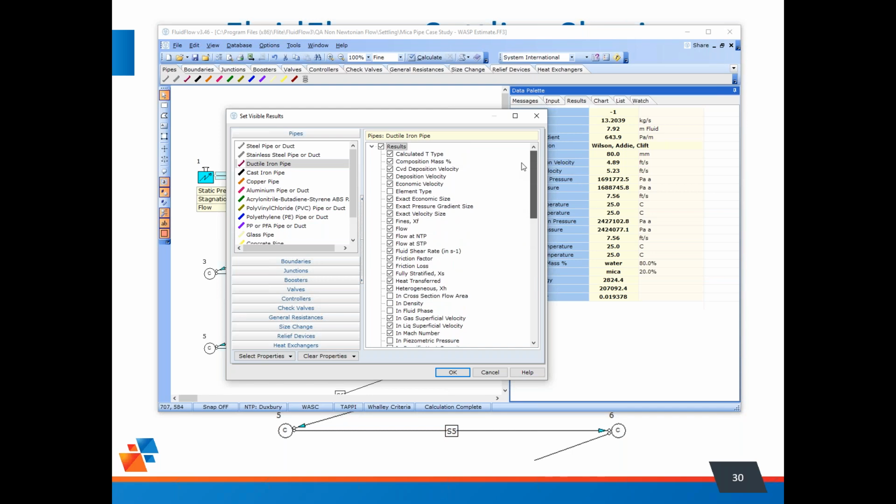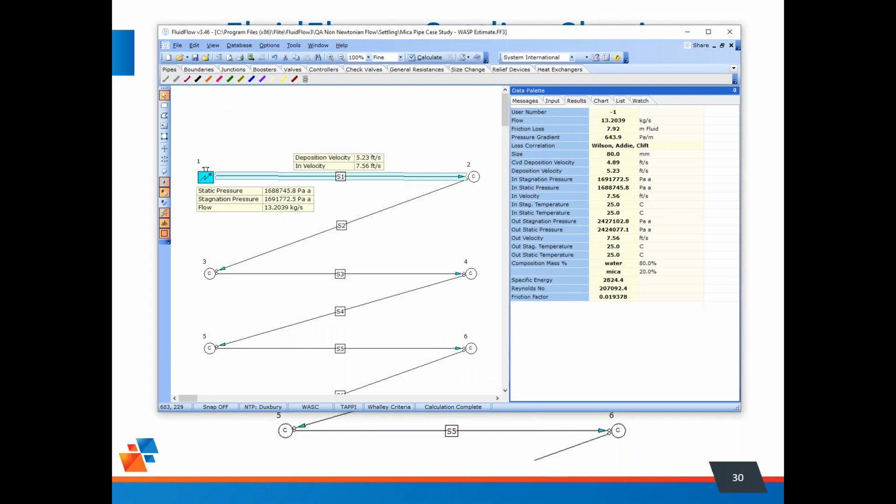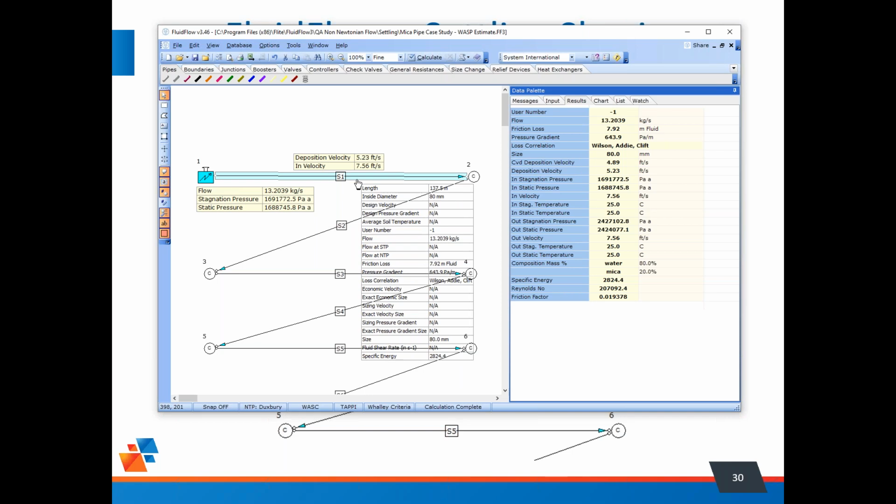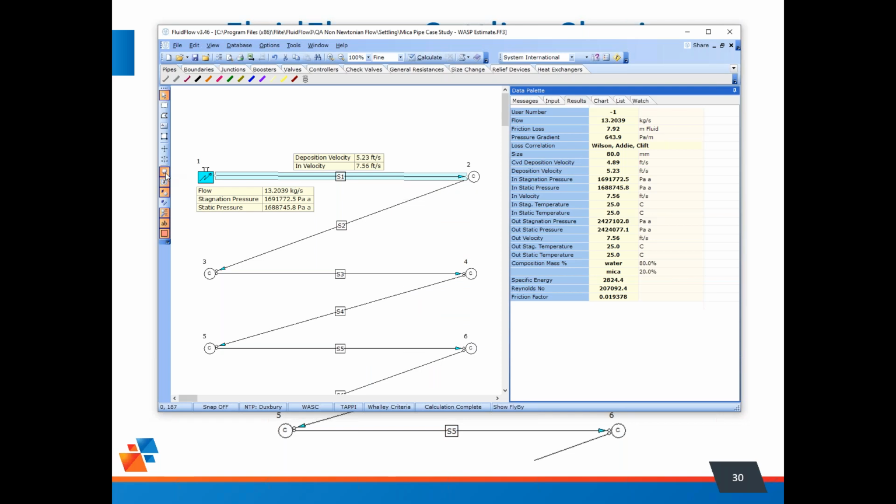I can't seem to find that. Okay, composition mass. Okay, so somewhere in this long list we have the solids delivered quantity. Let's try a flyby. Solids delivered. It's not in the list.